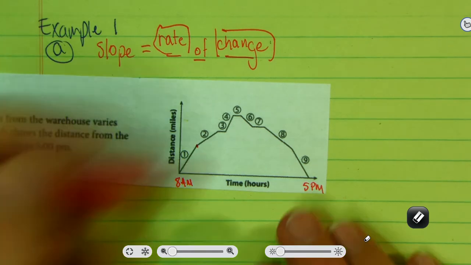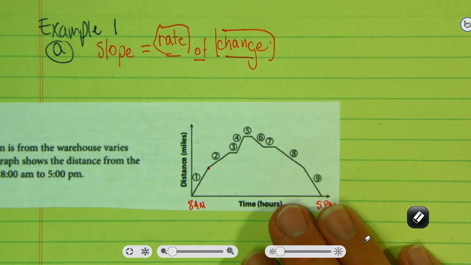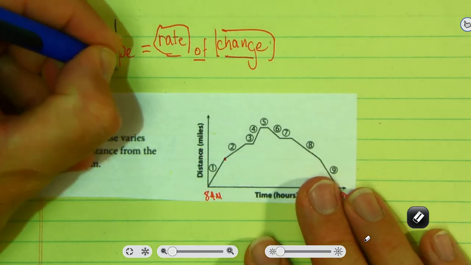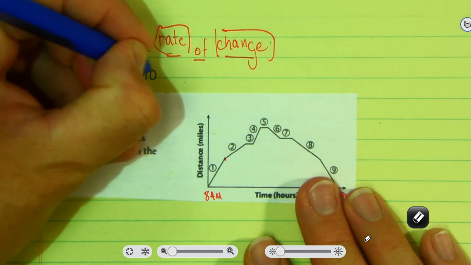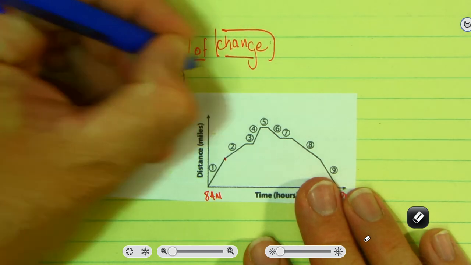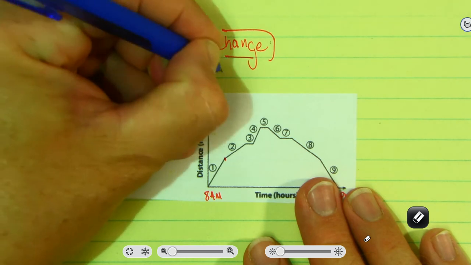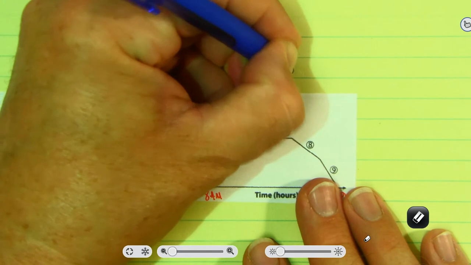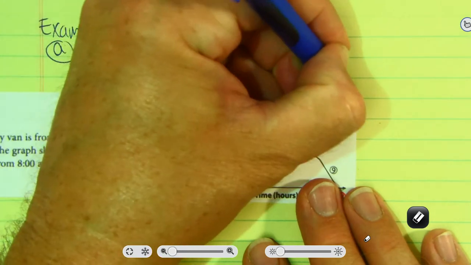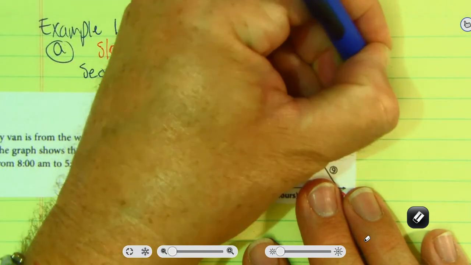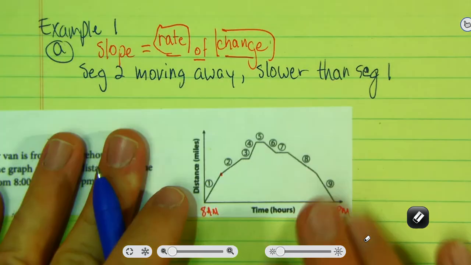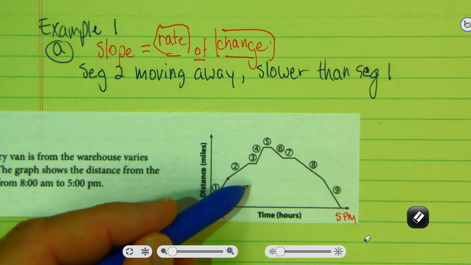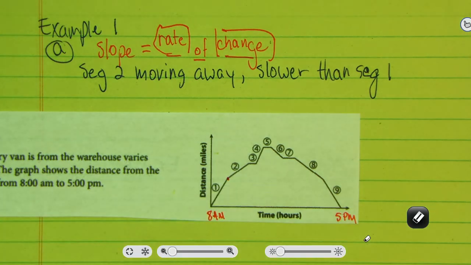So in this second segment, segment 2, I'm still moving away from the warehouse, but I'm doing so slower than segment 1. So I think that kind of makes sense. The steeper the line, the faster I'm traveling. Does that make sense?